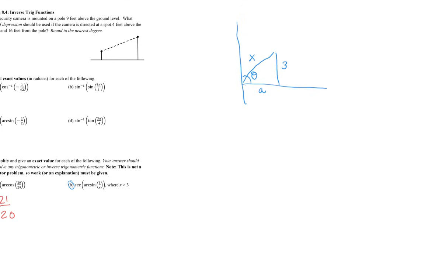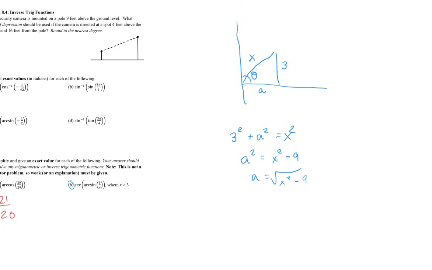So to solve for our adjacent, same thing as last time, 3 squared plus a squared is equal to x squared. A squared is equal to x squared minus 9. A is equal to the square root of x squared minus 9.